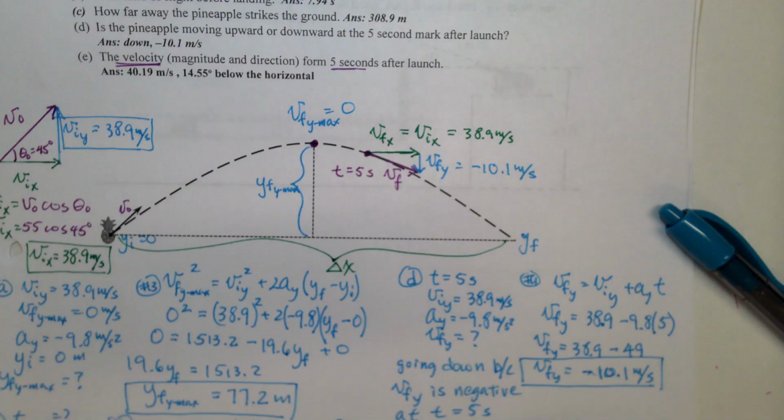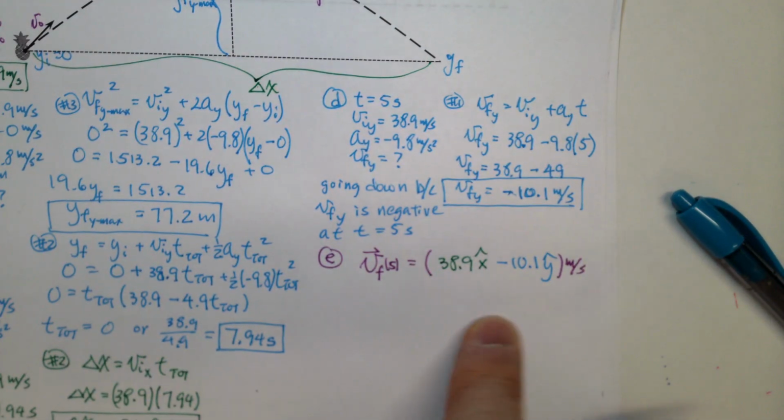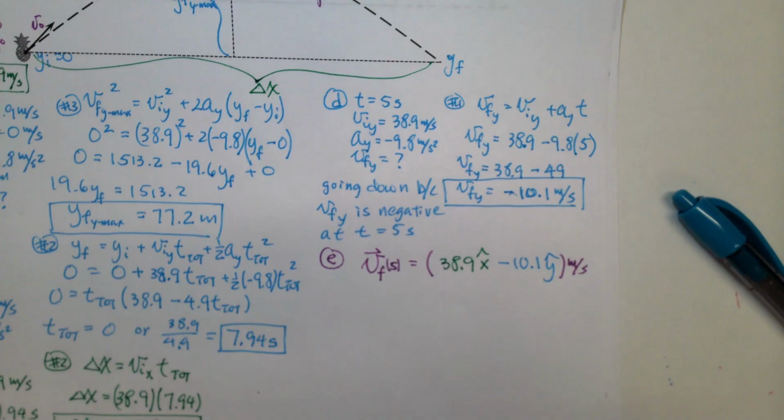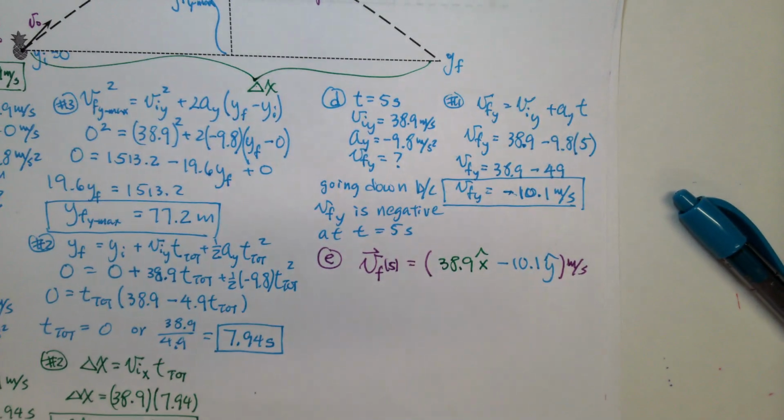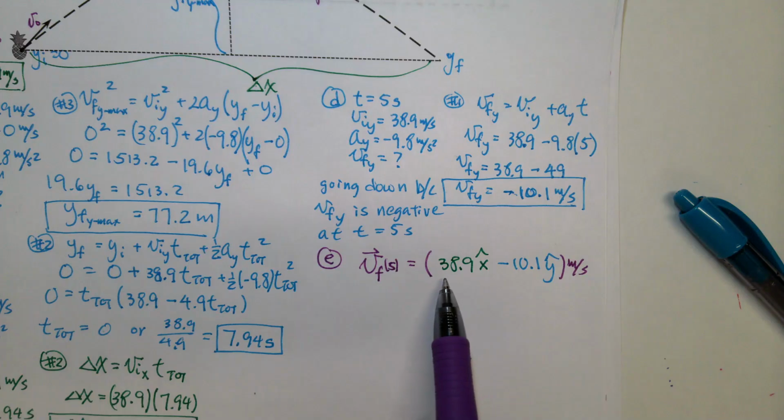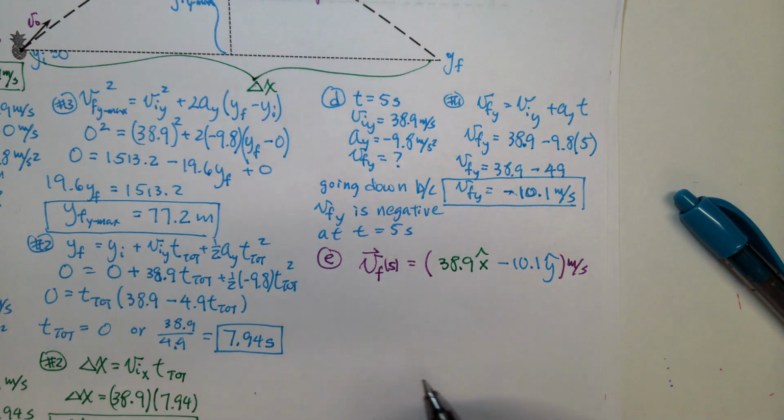So that's Cartesian form. Now they want you to figure out the magnitude and direction form, so all you have to do is just use the Pythagorean theorem to figure out the magnitude first.